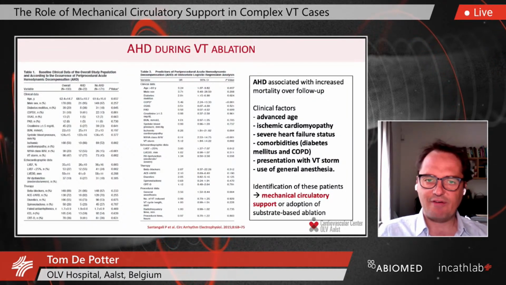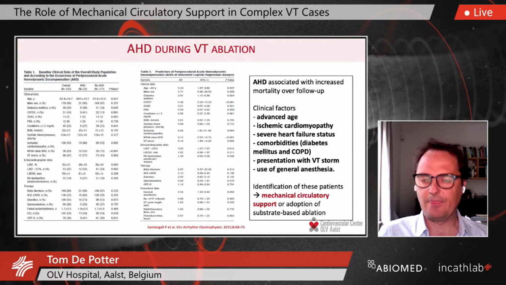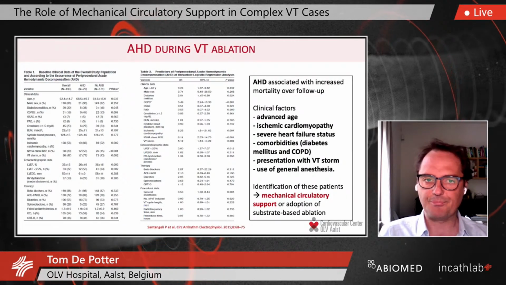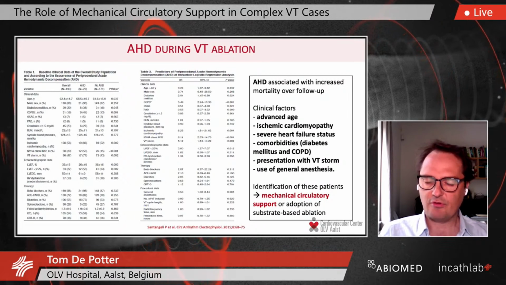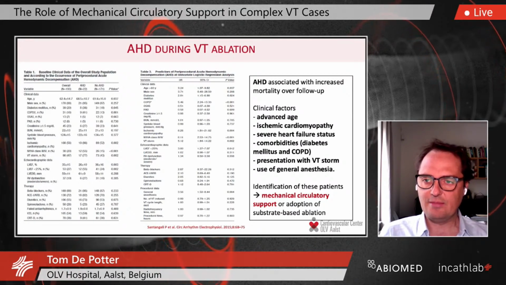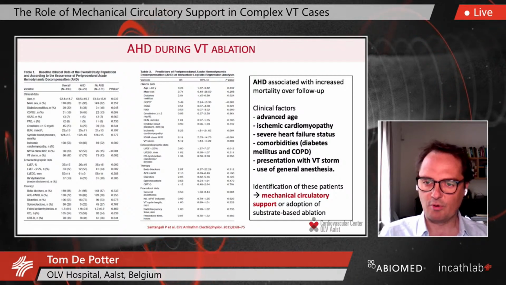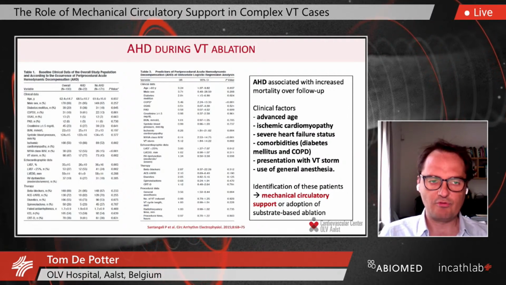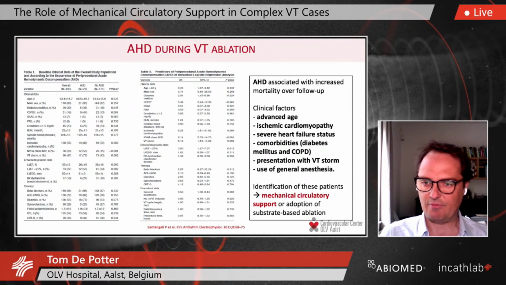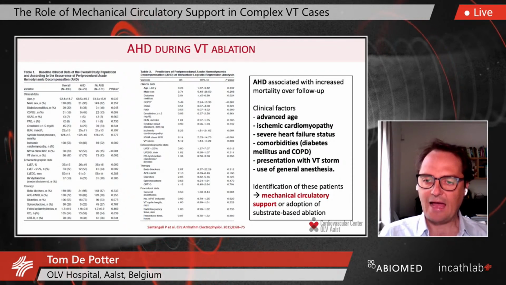And the clinical factors precipitating this acute hemodynamic decompensation are factors such as advanced stage ischemic cardiomyopathy, severe heart failure, presence of multiple comorbidities, presentation with VT storm, and the use of general anesthesia in itself, which of course very much lowers the tolerance of patients for any type of ventricular arrhythmias.